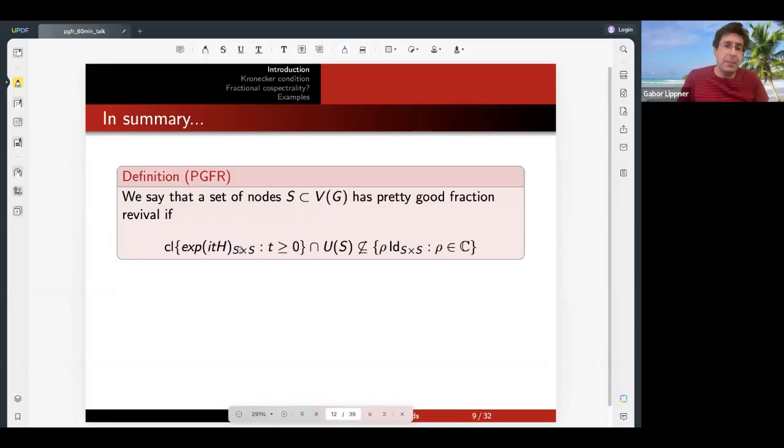We say that this set of nodes has pretty good fractional revival if I look at the S by S submatrix of U of t, for all non-negative time, and intersect its closure with the unitary group on S, the unitary matrices on S, I can find one element of the intersection that's not just a scalar multiple of the identity matrix. This is how we define pretty good fractional revival.